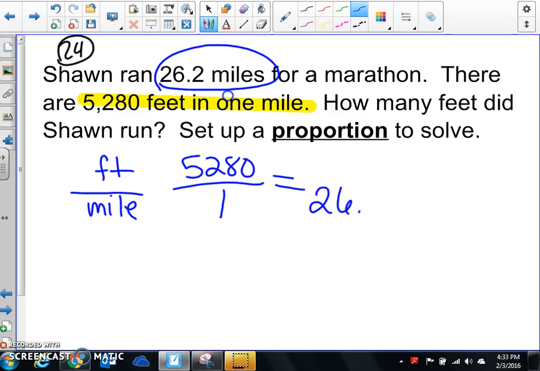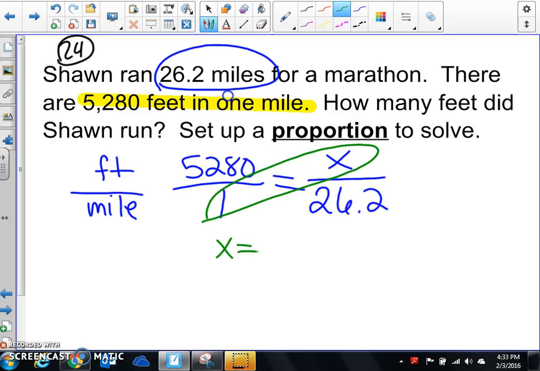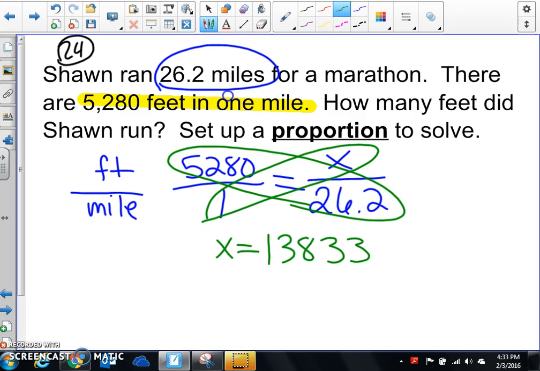Miles is on the bottom. So X needs to be on the top. Now I multiply. 1 times X is X, or 1X. And then 5,280 times 26.2 gives me this big number, 138,336, and it says feet.